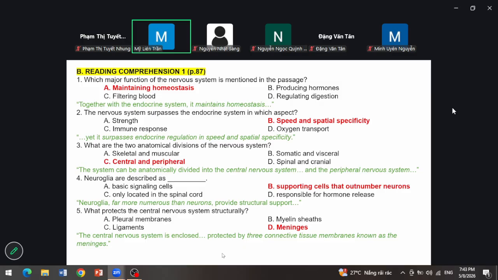Okay, now let's check the answers for part B. MCQs for reading comprehension. Đáp án và các dẫn chứng, các minh chứng ở trong bài để giúp mình chọn được cái câu trả lời đúng nhất. One, the main function of the nervous system is maintaining homeostasis.